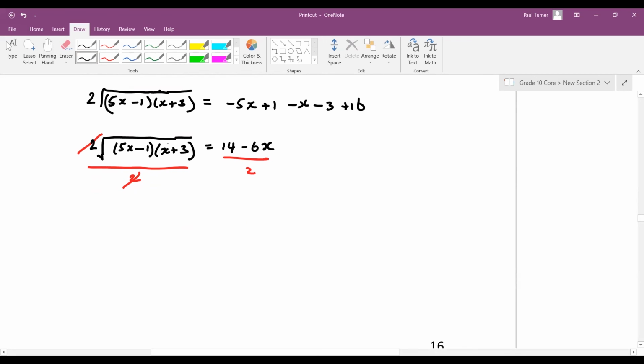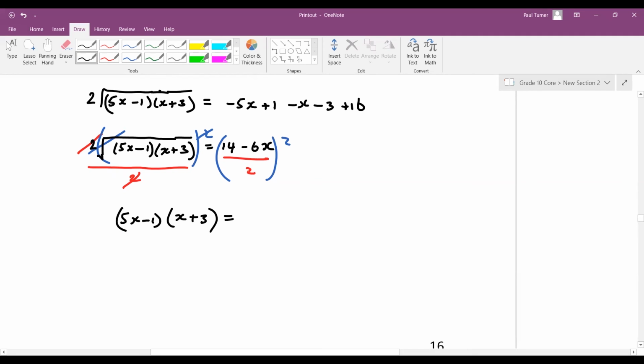Well, let's cancel out this square root sign. So if we square both sides, like that, okay? So this square will cancel my square root sign. So on the left side, you'll have 5x minus 1, x plus 3 is the square of this.